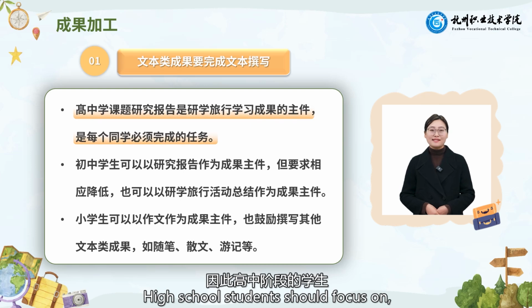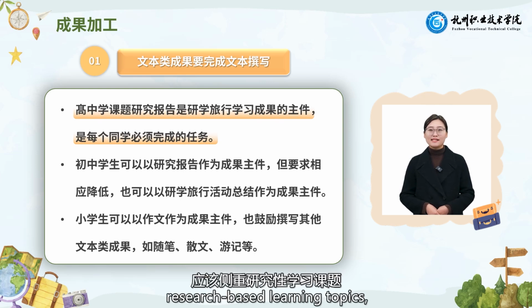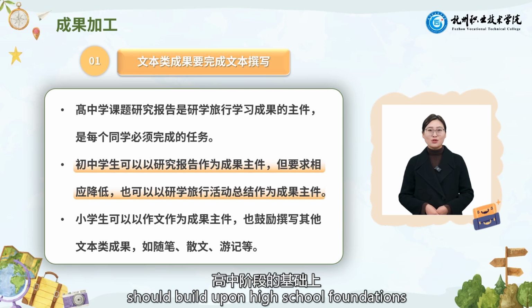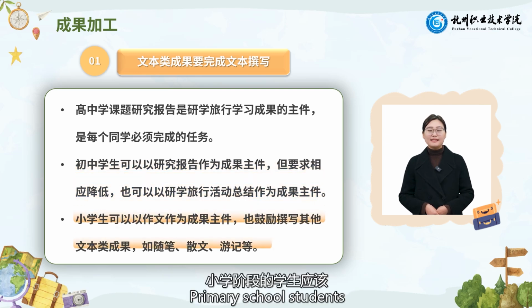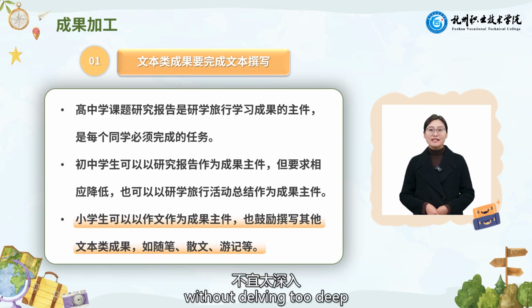High school students should focus on research-based learning topics when completing the writing of textual outcomes, while middle school students should build upon high school foundations but reduce complexity and depth. Primary school students should focus on observing and recording external phenomena without delving too deep or making it too challenging.